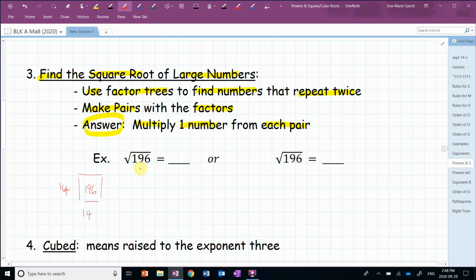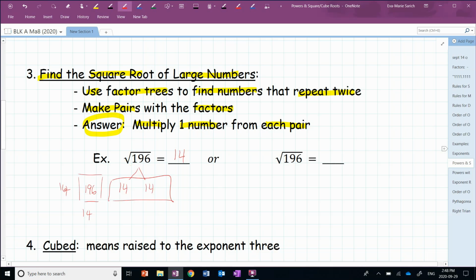So the square root of 196, because it is a pair of numbers, 14 times 14, is going to give you the answer. There's our pair. We take one number from that pair and we make it the answer. Now, most of us don't remember that 196 is 14 times 14.